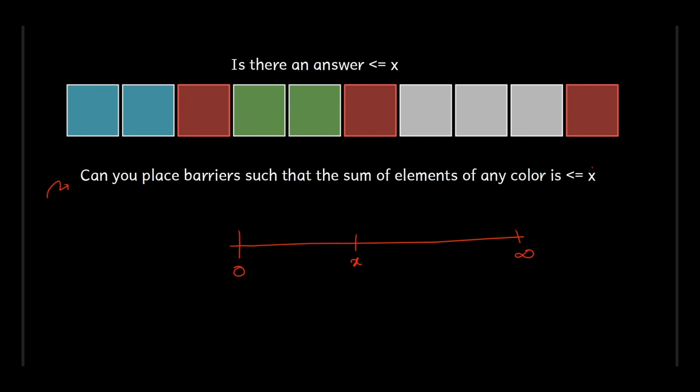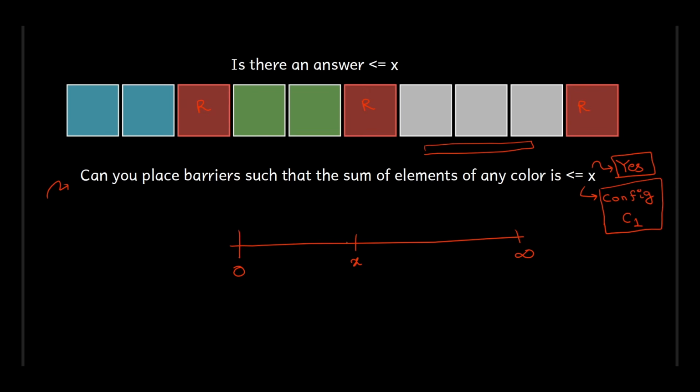Now if the answer to this question is yes, that is, there is a configuration where the sum of segments of any color is less than or equal to x, let's call that configuration C1. What do I mean by the configuration? Configuration basically means the positions of the red elements have been determined, and that also determines the positions of all the other colored elements.